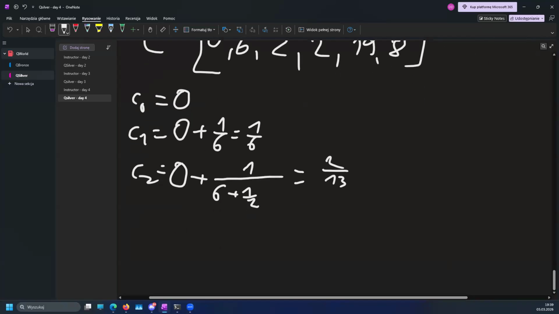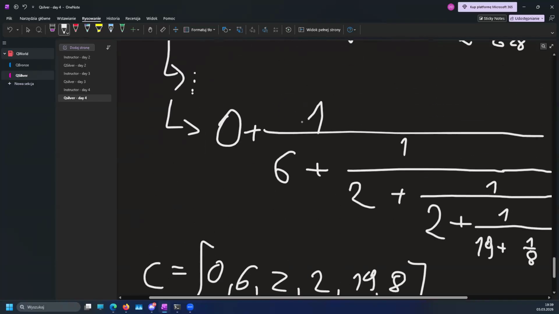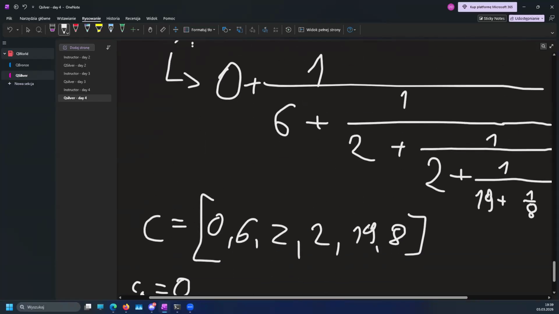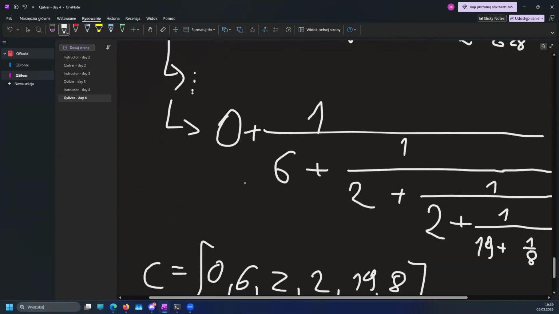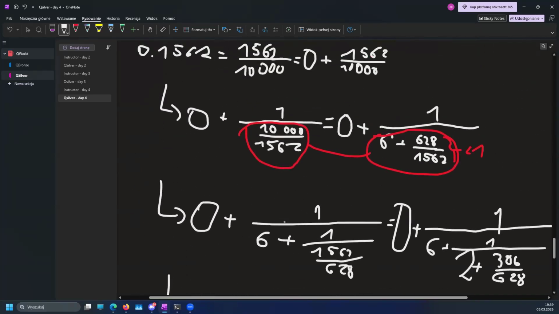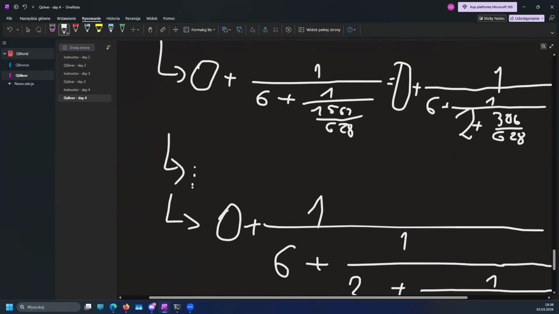And so on. So we can continue with this procedure. For the fifth convergent, for the most precise convergent, we need to basically calculate this whole fraction, yes? So to calculate the convergent, we need just to stop at one of those steps.